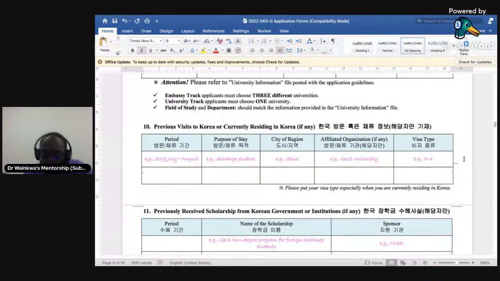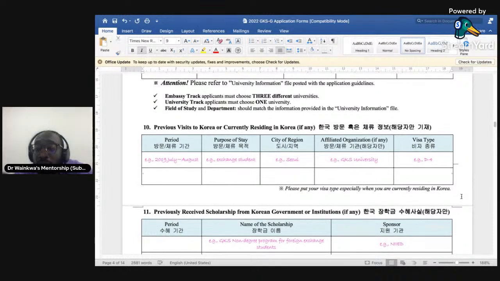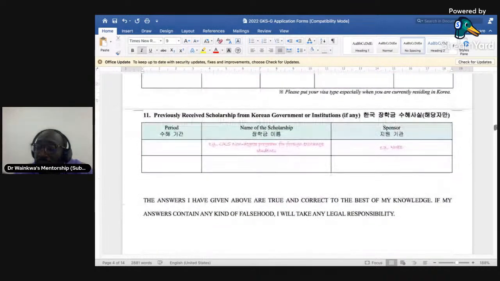So please mention that. All information you provide can be verified. That's one thing you need to have in mind. If they find out you're lying in any of them, then it will put you in trouble because you're going to be kicked out from the program. So for previously received scholarships or alumni status, you need to fill that information there.